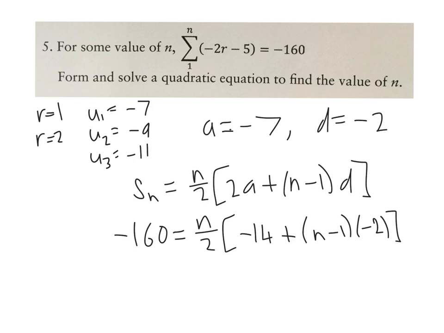If we multiply the left hand side and the right hand side by 2, we get minus 320, and then that divided by 2 would disappear. Inside the brackets, if we tidy that up, we've got a positive 2 and a negative 14, which gives negative 12. And then if we expand that bracket out, we've also got a negative 2n.